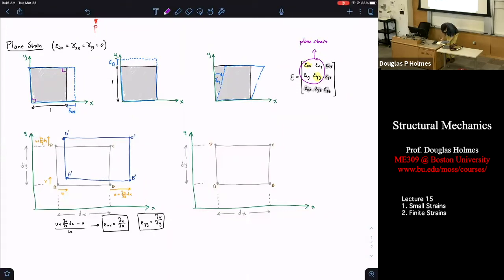Let's see if I can draw this without too much pain here. Here again, we have our new points, A prime, B prime, C prime, and D prime.